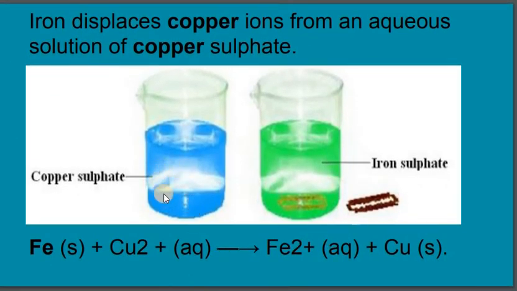So in this we have copper sulfate solution, and when iron is added to it, the copper is deposited and iron sulfate is formed. Because of this iron sulfate, the solution is green in color.